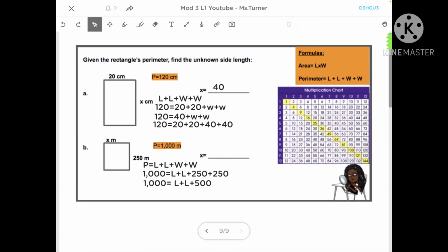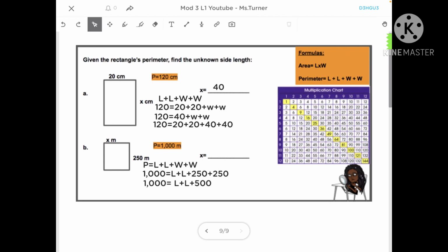So now I have 1,000 equals length plus 500. Remind me again, what operation can I use to figure out what my length is? Yeah, subtraction. So I'm going to be subtracting 1,000 minus 500. 1,000 minus 500 equals what? Yeah, it equals 500.